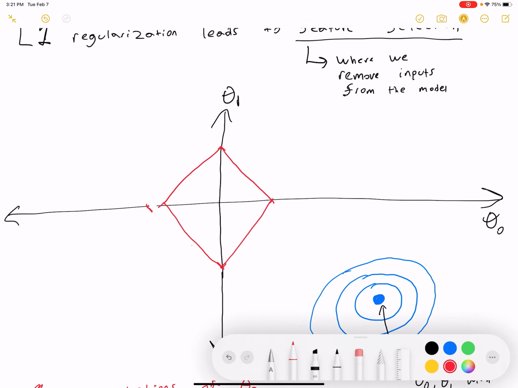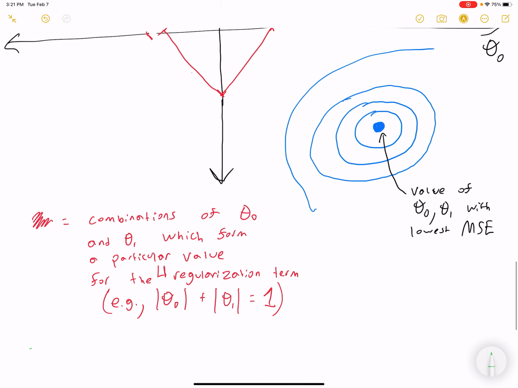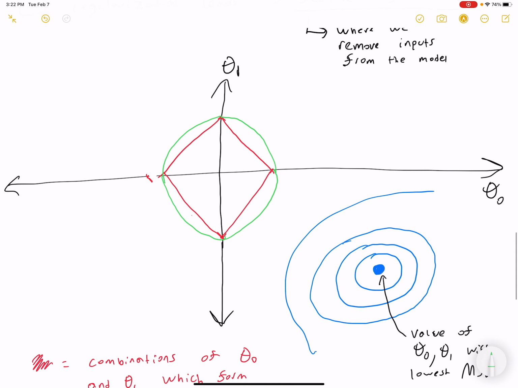So basically, what happens in L1 regularization is that, well, actually, let me draw L2 as well. So I'm going to draw the same thing, but for L2. And in that case, we kind of have a circle, because if we're drawing all possibilities of where the absolute values of theta 0 plus theta 1 equal 1, that would form a diamond.